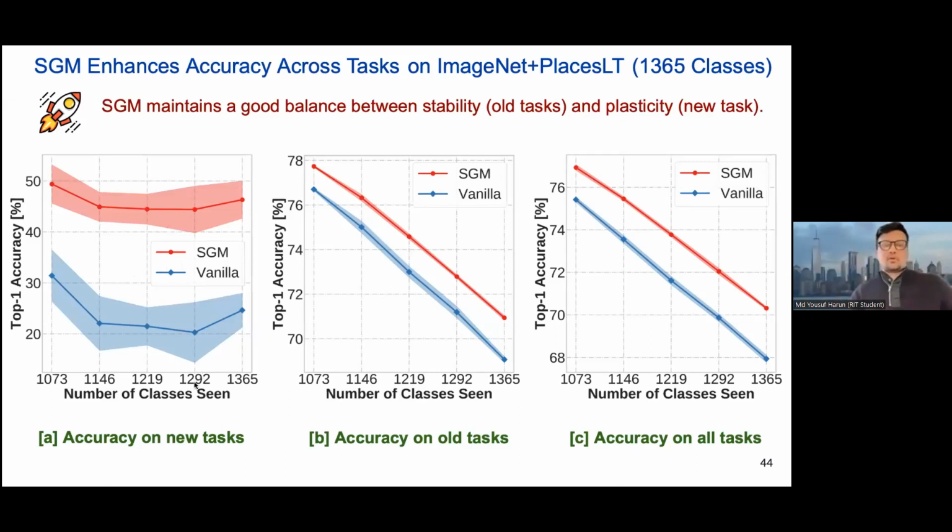As you can see, for the new task, the performance improved significantly, it also maintains higher accuracy for the old task, and on all seen tasks, the performance is improved over vanilla. This is based on ImageNet and Places datasets, that is 1,365 classes, so this is a large problem setting.